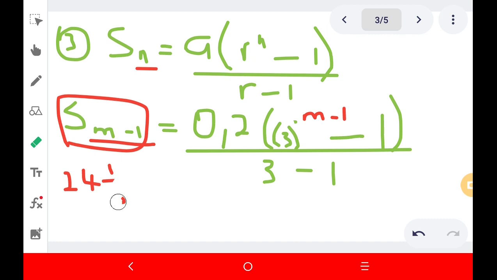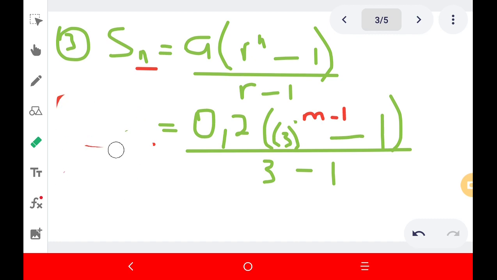So to make matters simple, instead of writing S of m minus 1 here, I'm simply going to write 24 1/5, which is a mixed fraction. Our calculators do have mixed fractions, so that's straightforward. 3 minus 1 is a 2, so I will multiply by 2 both sides.